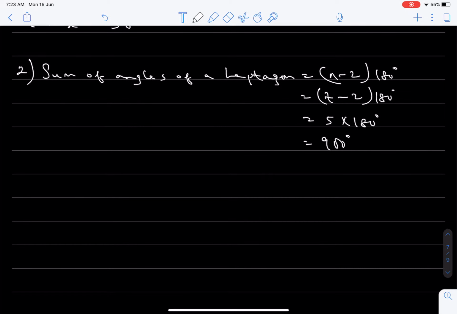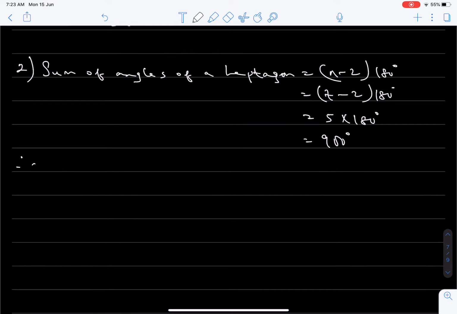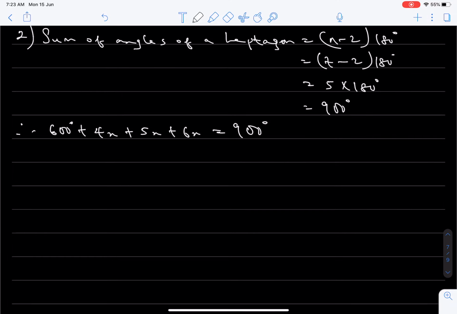So the sum of 4 of the angles, which is 600, plus the remaining 3 angles, 4x, 5x, and 6x, all add up to give 900 degrees. So that means 600 plus 4x plus 5x is 9x, plus 6x is 15x, equals 900.